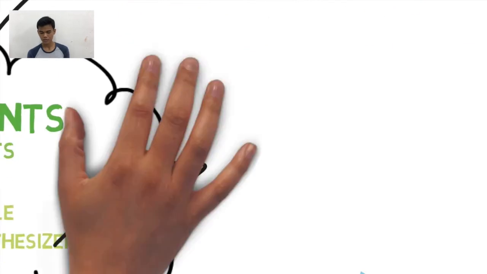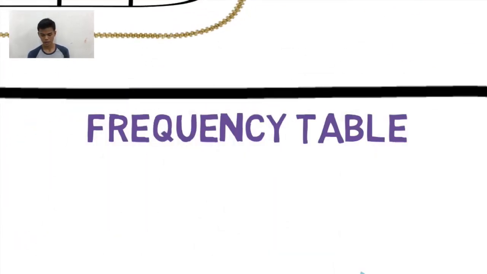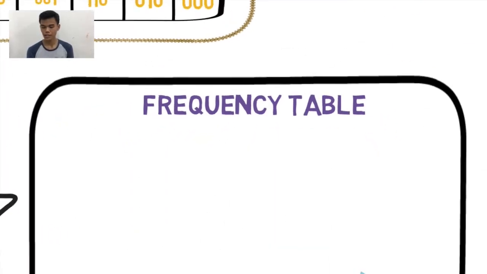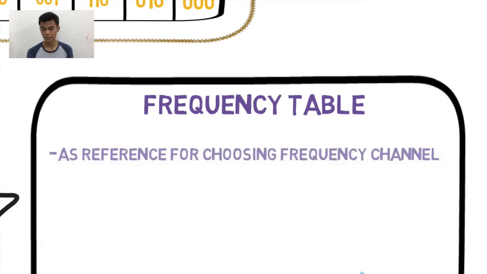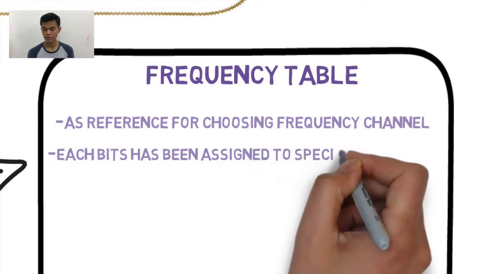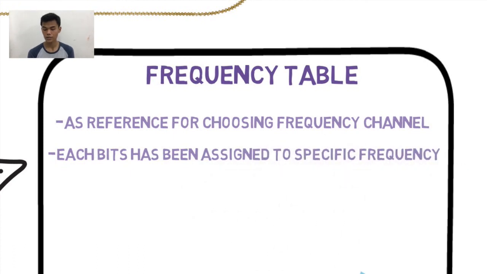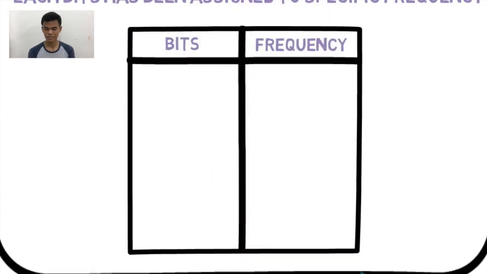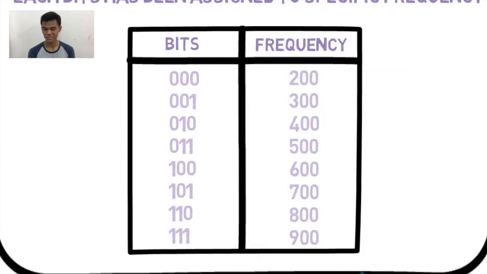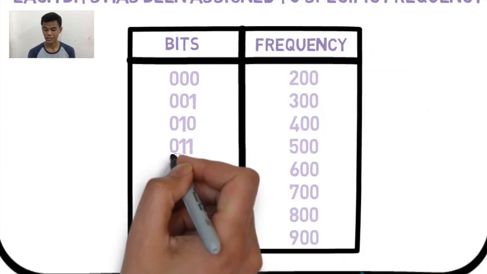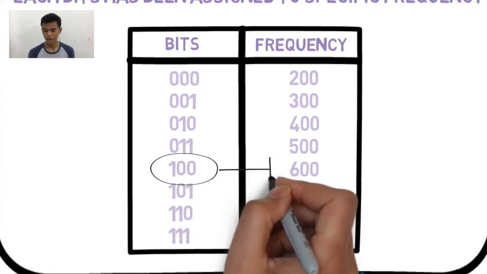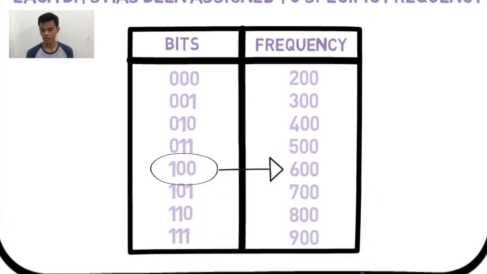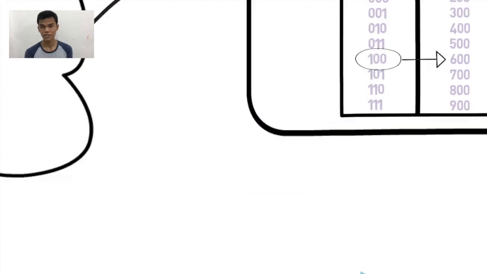The second component is the frequency table. The frequency table is a reference for choosing the frequency channel based on pseudo-noise. Each bit has been assigned to a specific frequency. Let's create an example of a frequency table. If the sequence of bits of the pseudo-noise is currently 100, the frequency used to modulate the original signal will be 600.